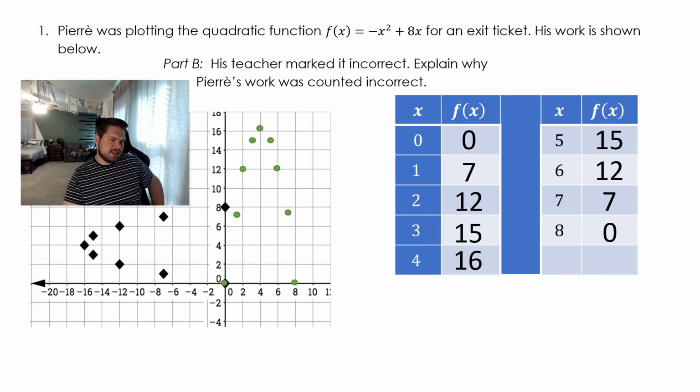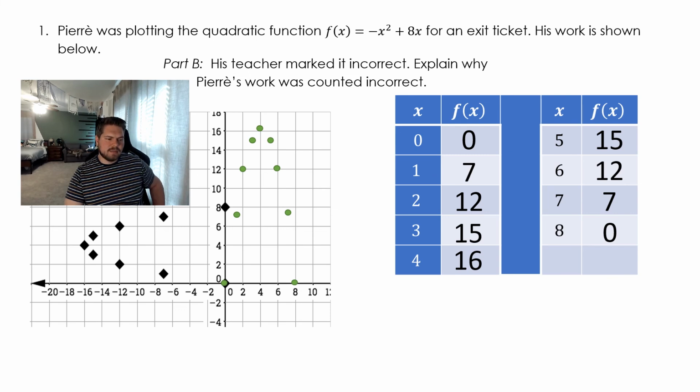So why did he put what he put? Well, let's look at the vertex. Our vertex is at 4, 16. This vertex over here is at -16 on the x, and then 4 on the y. So he mostly mixed up his x's and his y's, which is how he ended up with this shape.